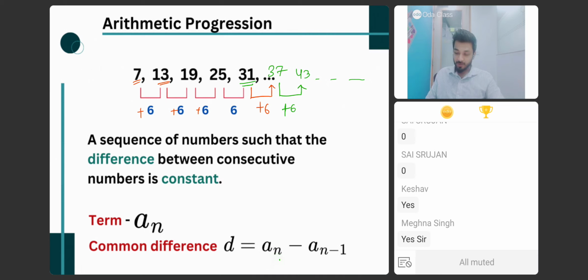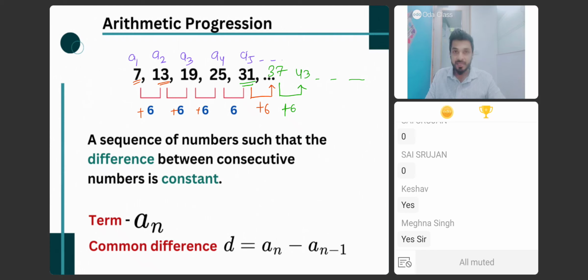And here you can write down, I'm writing in this way: A1 means your first term, A2 means your second term, A3 means third term, A4 means fourth term, A5 means fifth term. In this way, we represent a term by A with a number in the subscript.